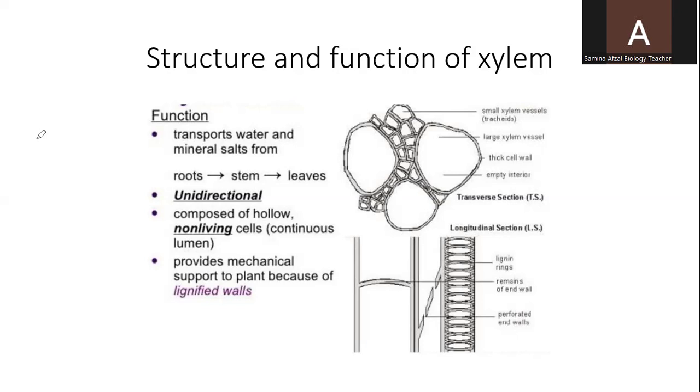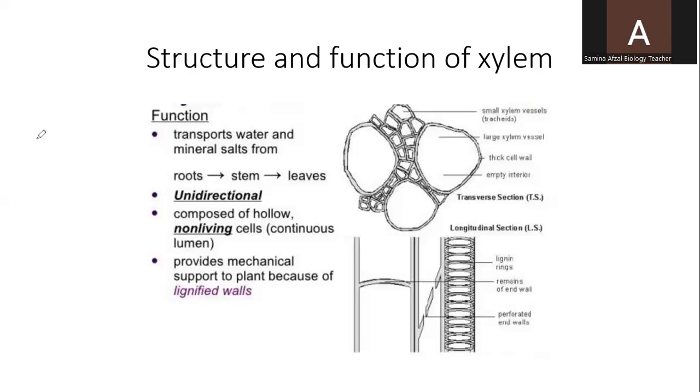The plant can withstand in the upper direction, or it can bear the high osmotic pressure because of the special structure of the xylem. Because it has to transport water when there is high pressure, the xylem vessel could burst, but it does not happen.